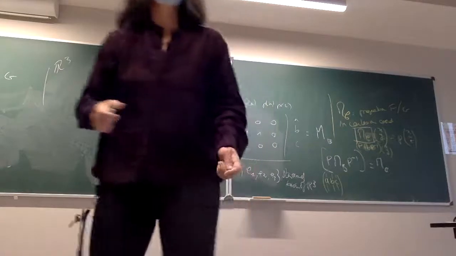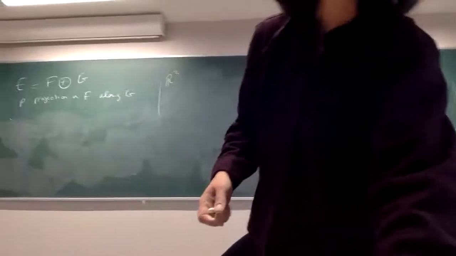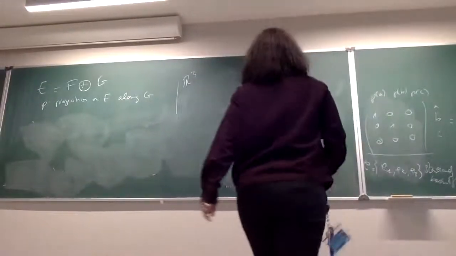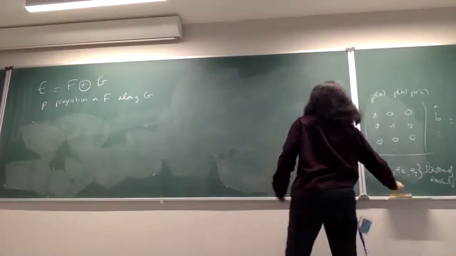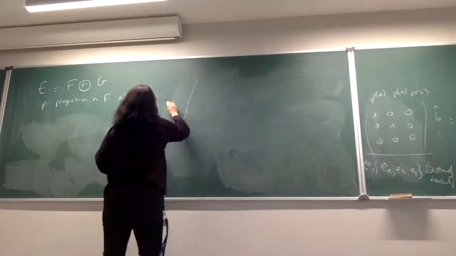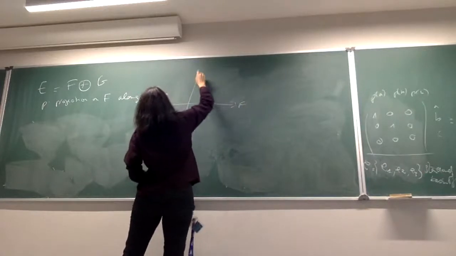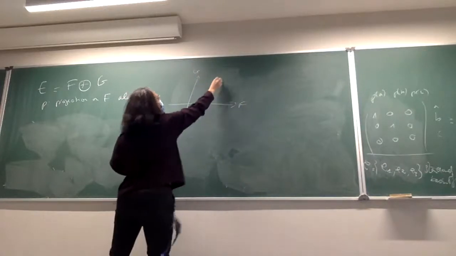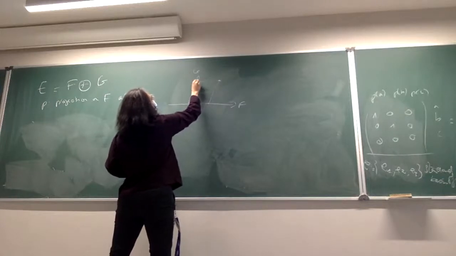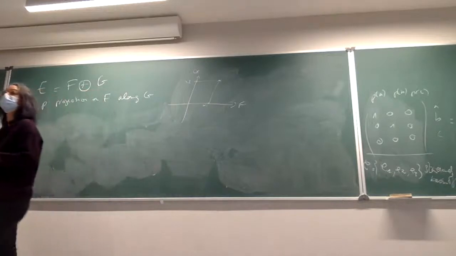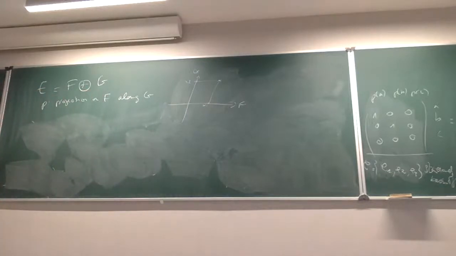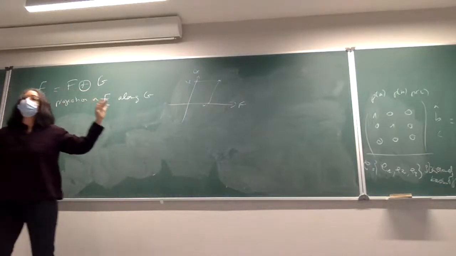So the linear symmetry with respect to a space along some direction. If we keep the same example first, we've got some space F, some space G, and some x1 and x2. Do you have questions?